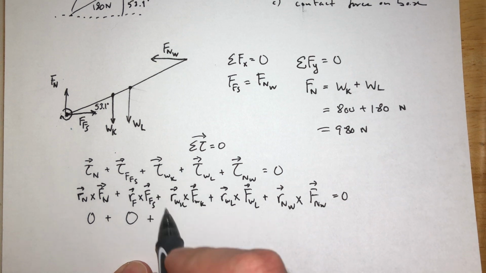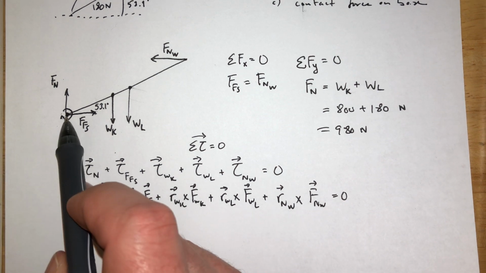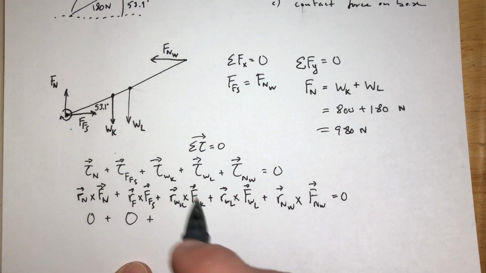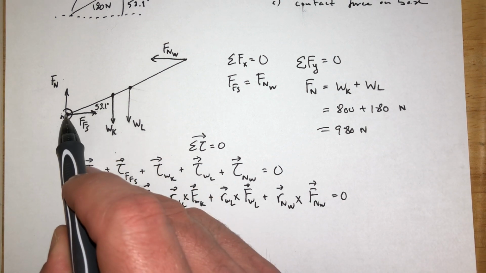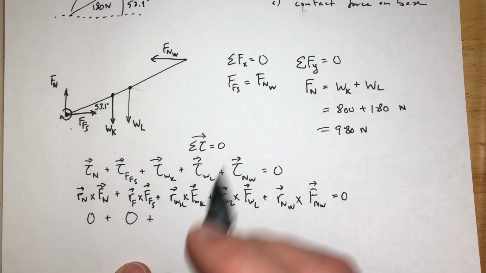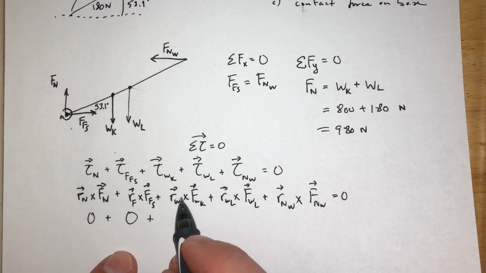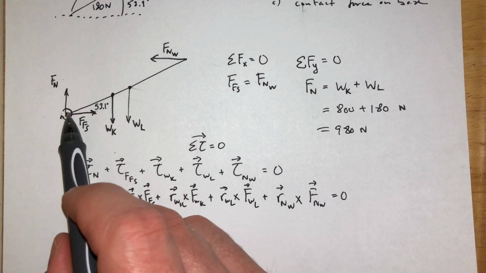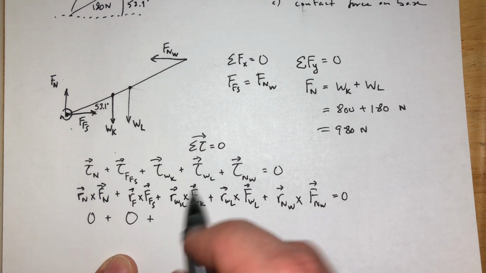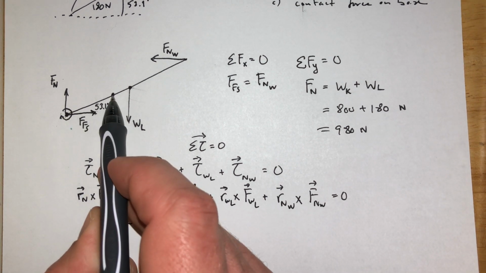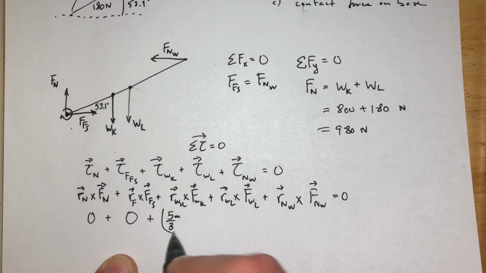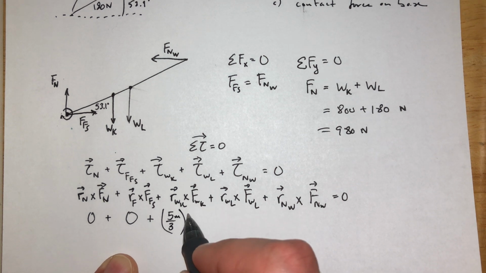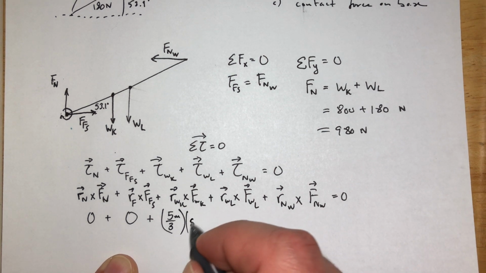Let's see, so this is the position from the axis of rotation to the point of action of the weight of the knight. Well, that's a third of the way up the ladder. So the magnitude of that position vector is a third the length of the ladder. The weight of the knight is 800 newtons.